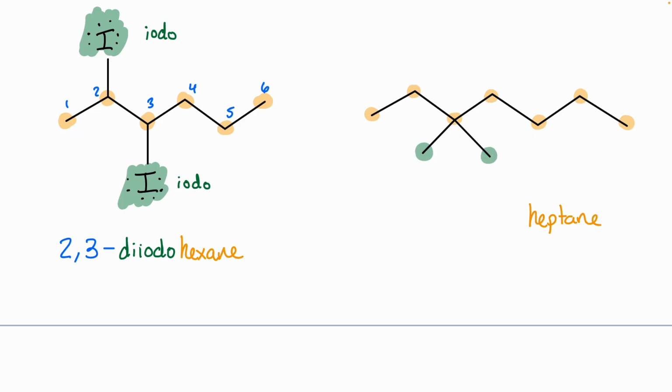I have these two 1-carbon alkyl groups here. So this one's a methyl group. This one's a methyl group.